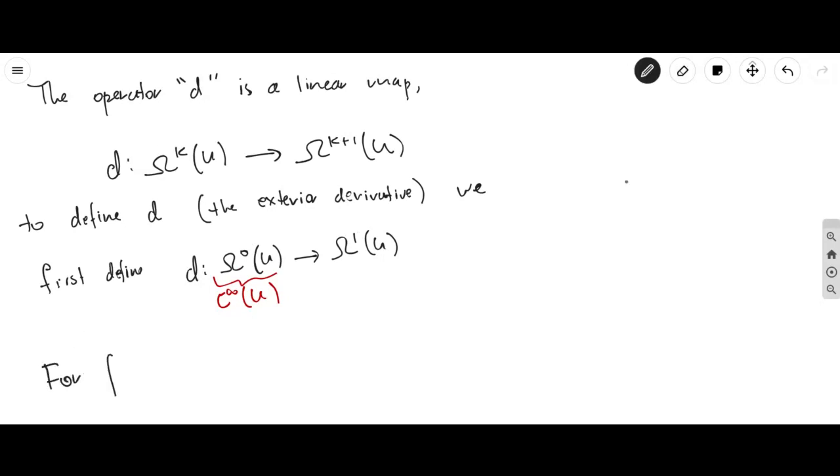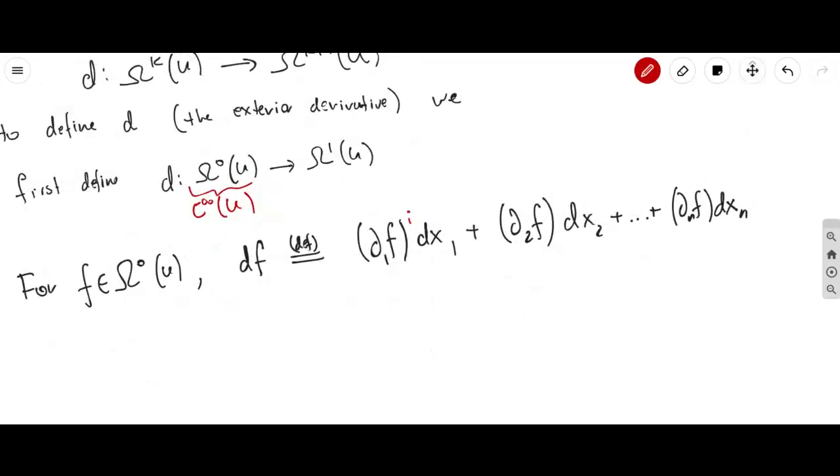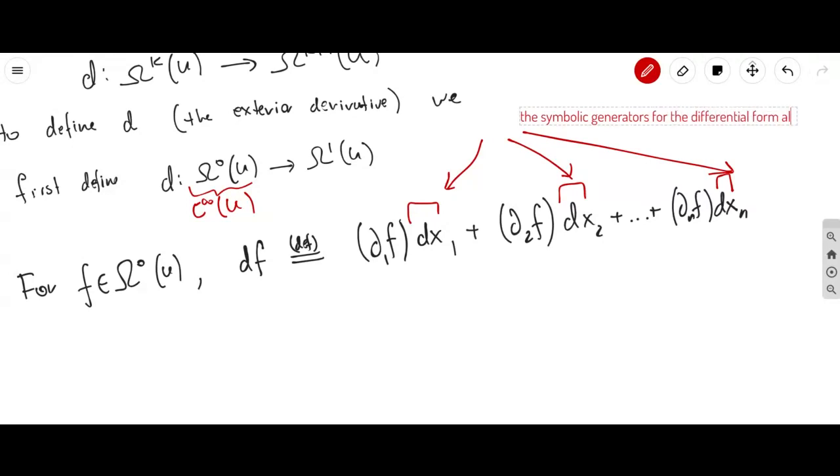For f, a smooth function, df is by definition the partial derivative of f with respect to the first coordinate, multiplied by dx1, then the partial derivative of f with respect to the second coordinate, multiplied by dx2, and so on, up to the partial derivative of f with respect to the nth coordinate times dxn. The dx's here are just symbolic generators for the differential form algebra.